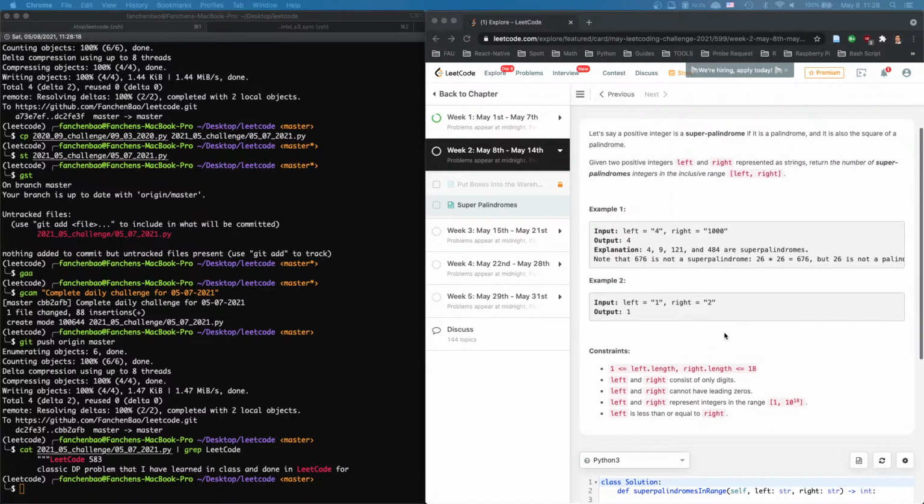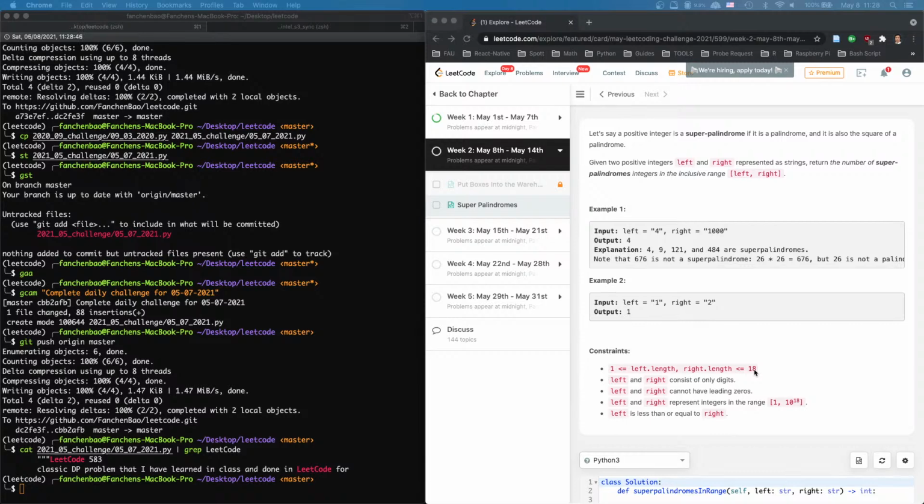Okay, so we have the left and right. I'm going to turn that into an actual integer, and we do the square root of that integer. So that will find the limit that we can go, and below that limit, oh man, we have 18, right? So how many are there?